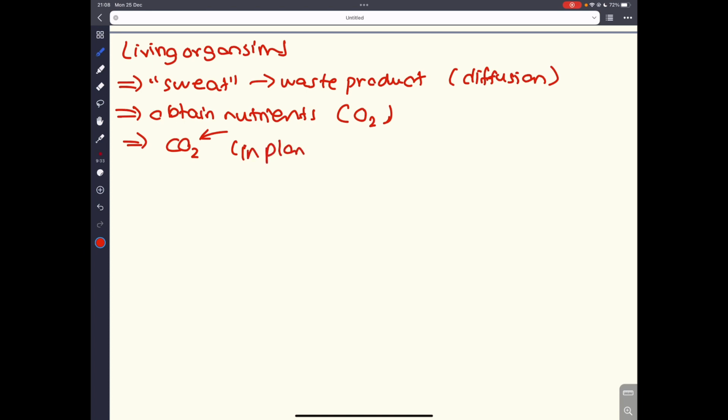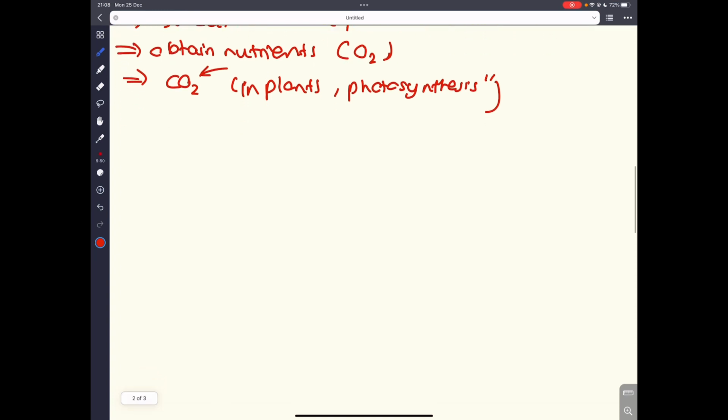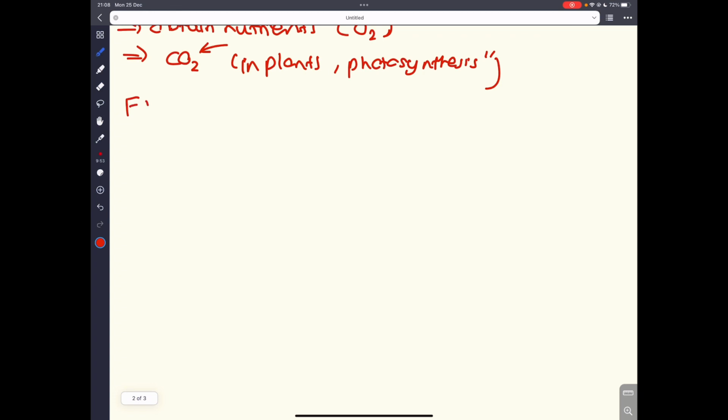Carbon dioxide, remember, is needed for photosynthesis. It's one of the raw materials that is needed for photosynthesis, and oxygen molecules. So this is why diffusion is really important. Okay, let's move on.